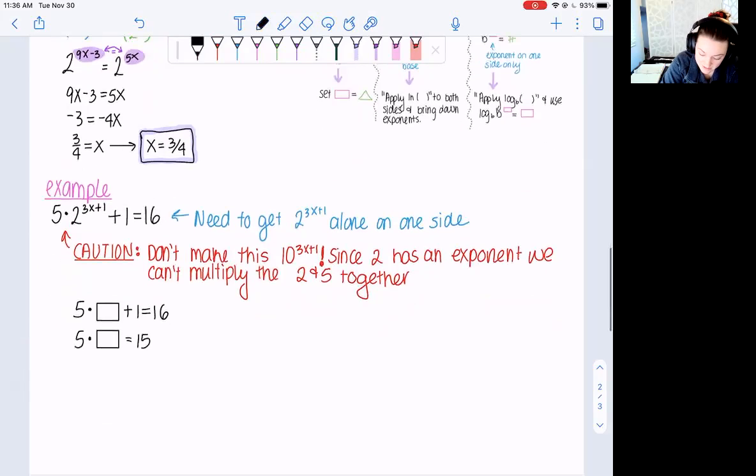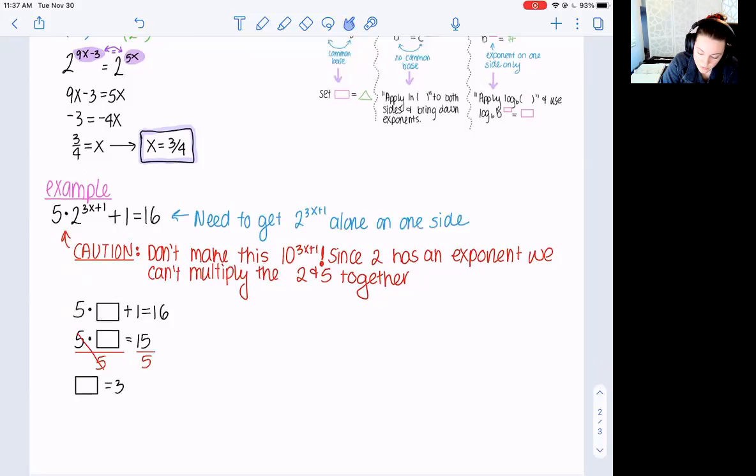Then you would divide both sides by 5, and you get 3. That leaves you with just whatever equal to 3.